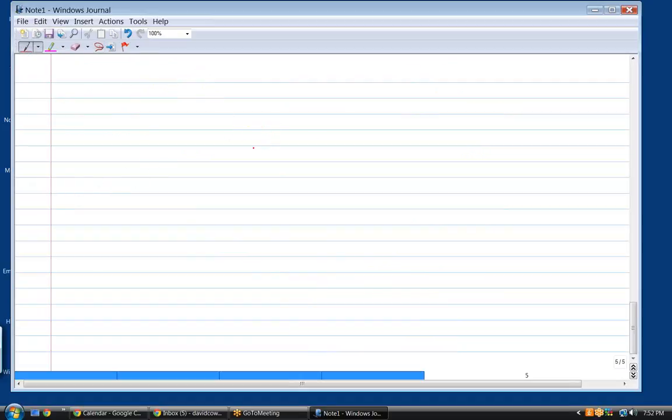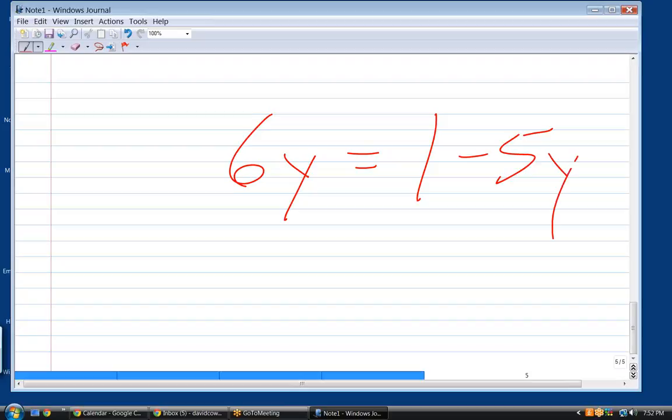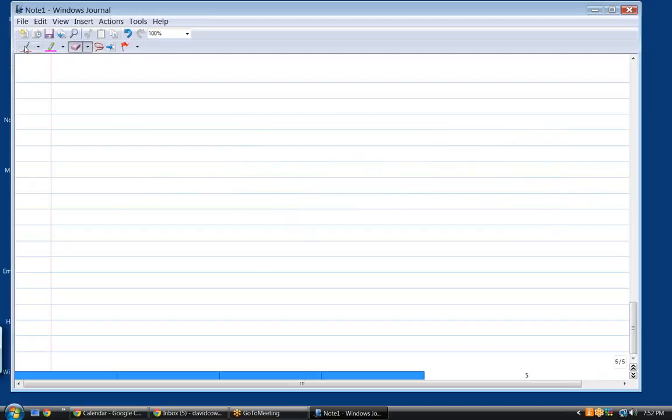In other words, if I have 6y equals 1 minus 5y, no, I can't even think of an example where, regardless of which way you move things, you're going to end up with a negative sign, and you just have to deal with it. But when you could do it one way and end up with 2 negative signs, or do it another way where you end up with nothing but positive signs, I would always do the positive sign.